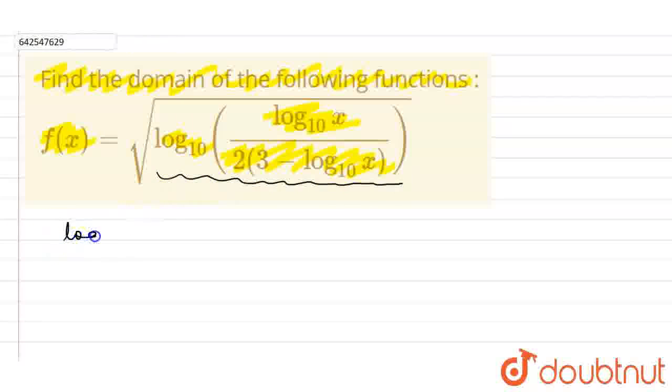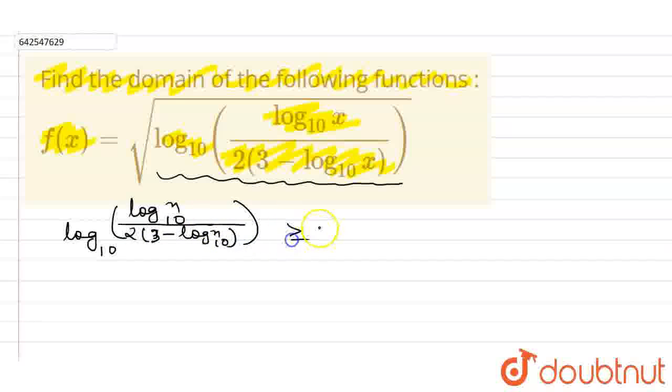So here I write log to the base 10, and here the function is log x to the base 10 upon 2 into (3 minus log x to the base 10). This should be greater than or equal to 0, and this complete function should also be greater than 0, then only the log is defined.